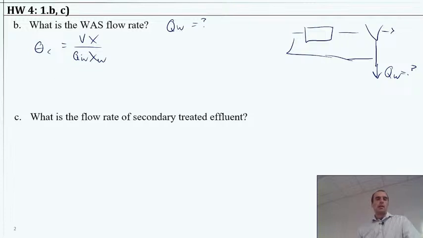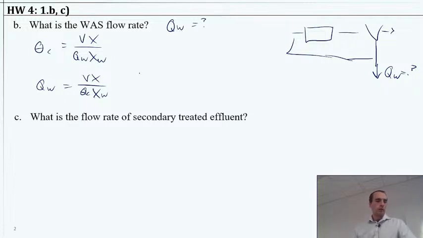So now we can rearrange and say QW should be Vx divided by theta C times XW. And we have each piece there, but we will have to make sure our units are in the right circumstances.